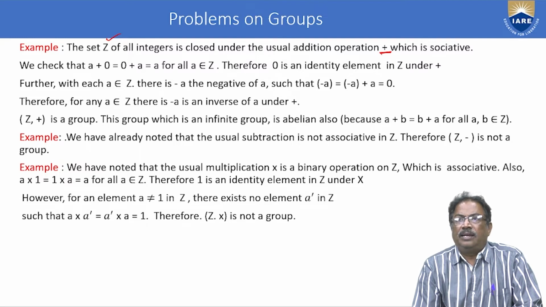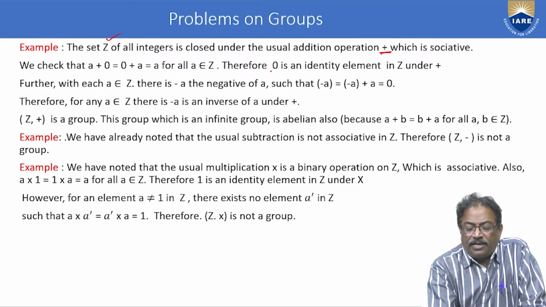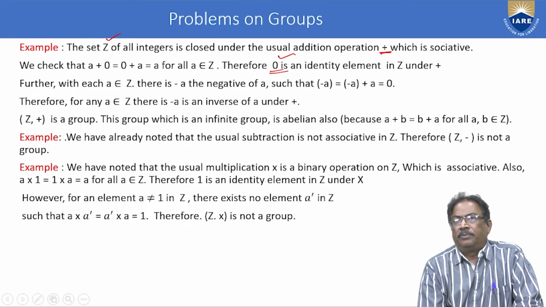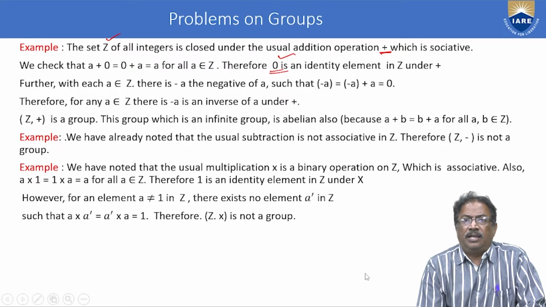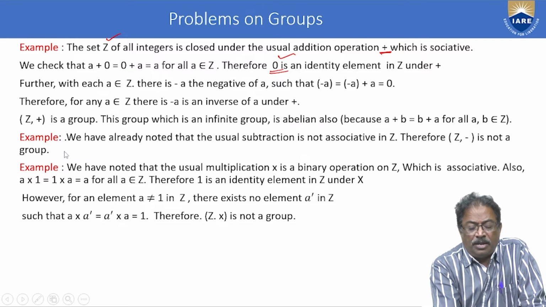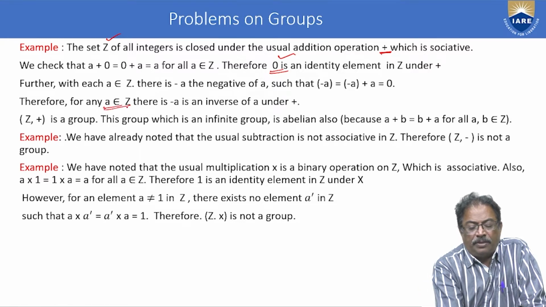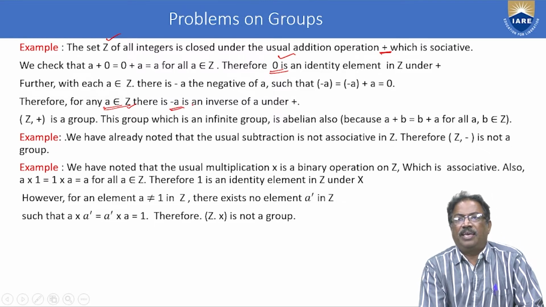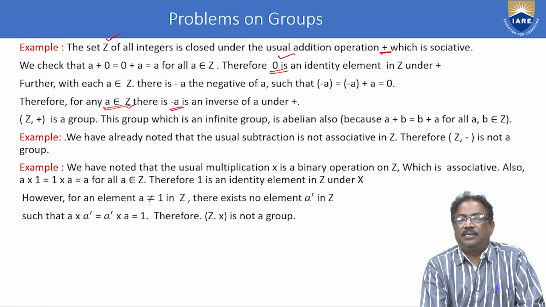Next, the additive identity is 0, which is there in the integer set, and for any element a, the inverse, minus a, is there in the integer set.